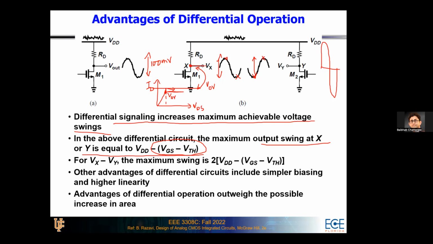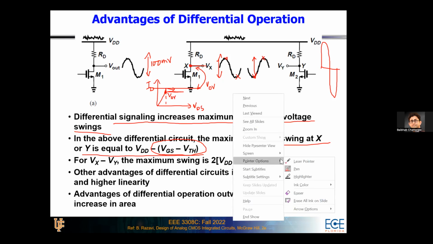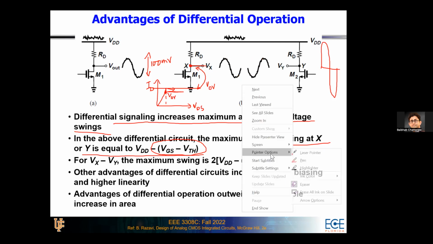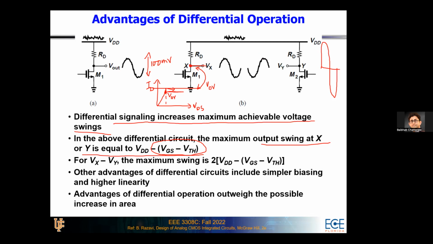So at the output, let's say you have a signal that looks like this. Okay, so at the final output, you have an AC or sine wave signal that looks like this.